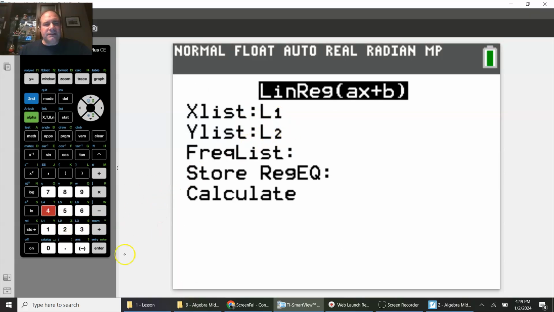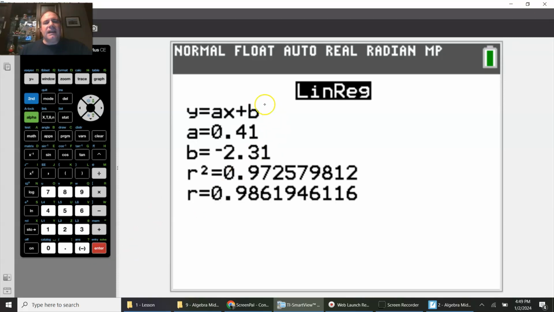Once you're on this, you press enter like 5 times to calculate, and then you'll see a whole bunch of different numbers. Just remember the y equals mx plus b. You see that a? That's the m, the slope, 0.41, and the b is negative 2.31.